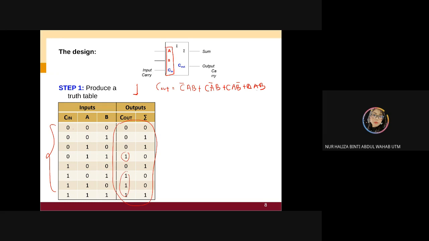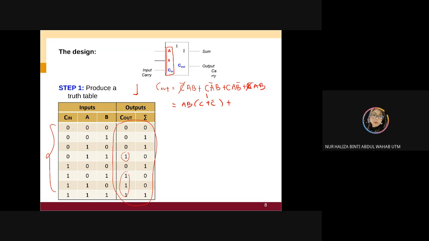Can I simplify it? Yes. Where is my C bar? This one. Okay, let me check this one. AB here, this and this. C plus C bar will be 1.